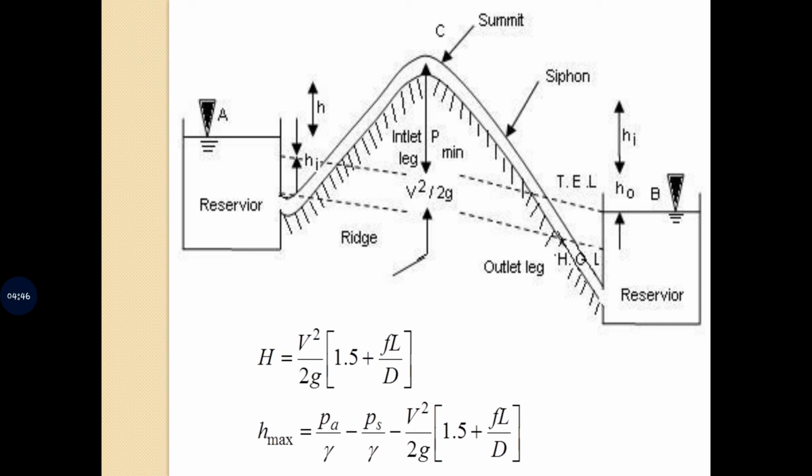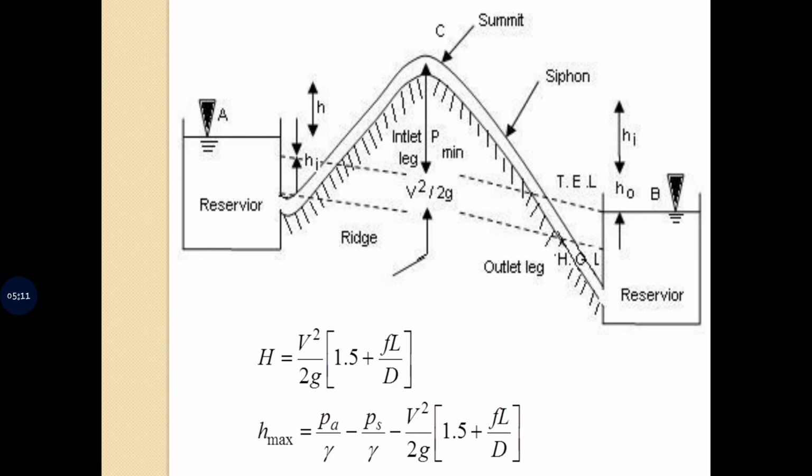Whatever equation we get is going to be H max equal to PA by gamma, which is 0, so that term is cancelled out, minus PS by gamma. PS by gamma is nothing but the pressure head at the summit point, which is to be determined, minus V square by 2g into (1.5 plus fL divided by D).